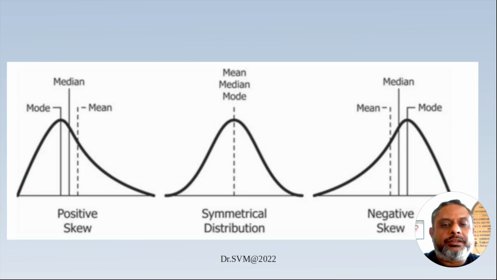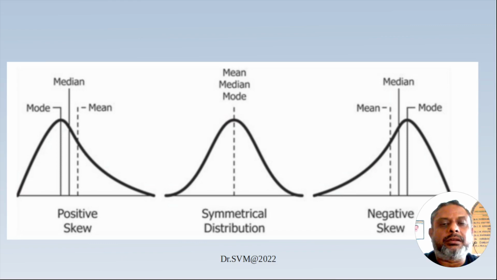So the normal distribution may be symmetrical or asymmetrical. The central one shows the symmetrical, where the three statistical parameters mean, median, and mode are the same. Mean is the arithmetic average.